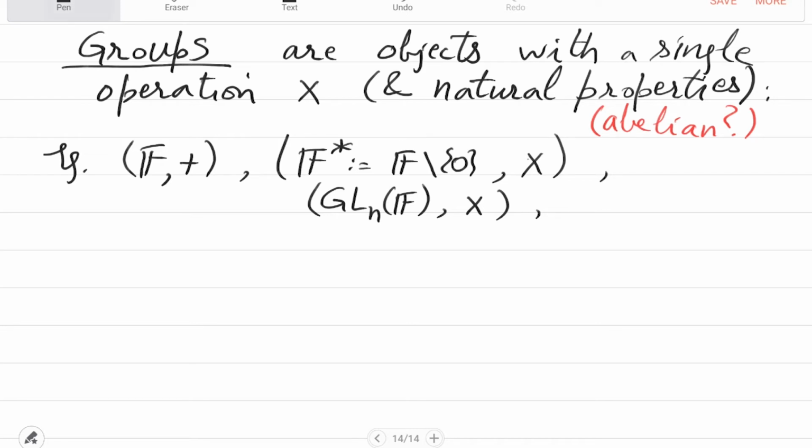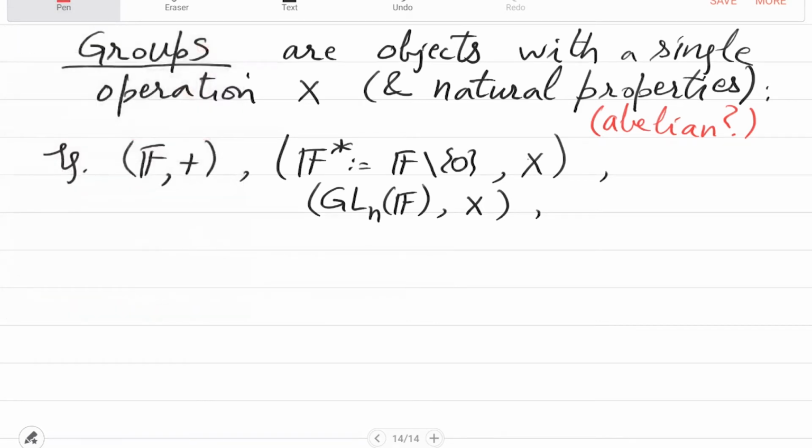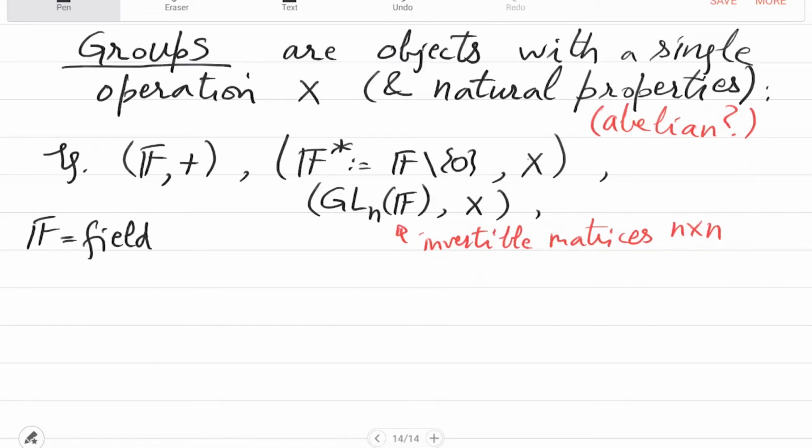Maybe I should mention that general linear means that we are only looking at invertible matrices. So it's a group almost by definition. F is a field.